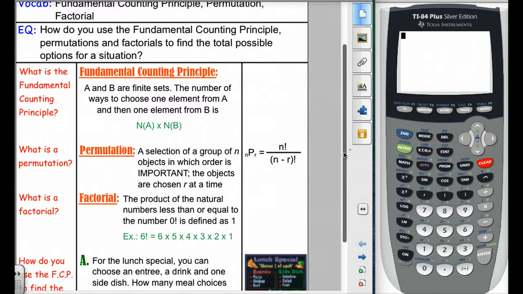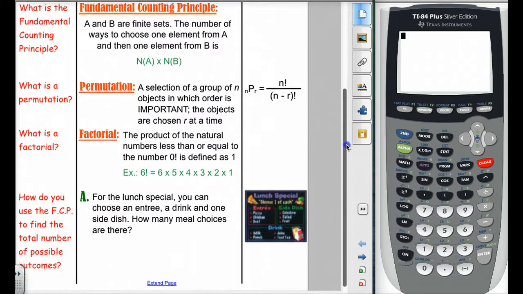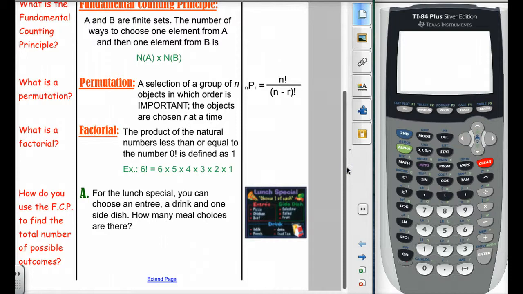So our first part is taking a look at using the fundamental counting principle to find the total number of possible outcomes. So as you can see here, it's a little bit small. We have a lunch special, and you can choose one entree, one drink, and one side dish. And we want to know how many meal choices there are.